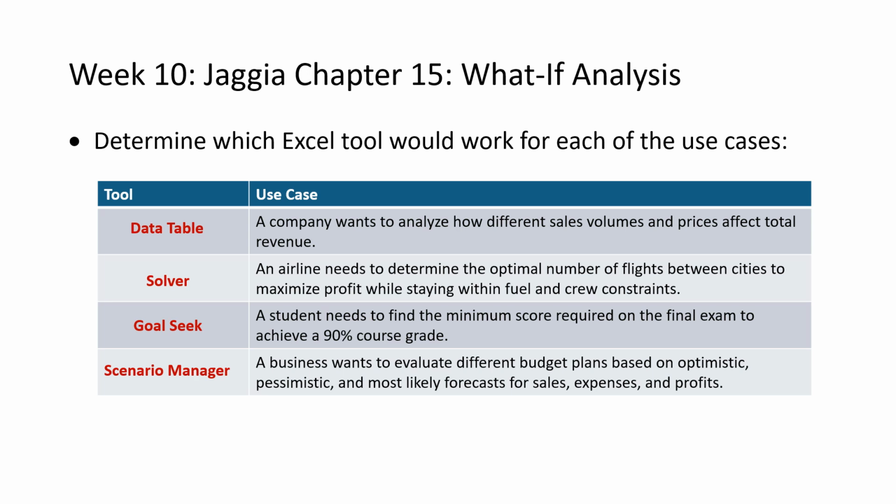That would make sense to use something like Scenario Manager or Solver because they have a similar structure in the sense that I can create multiple scenarios and have the tool calculate them together. GoalSeek would not work in this case because we're trying to compare numerous budget plans. You could use GoalSeek, but you would have to do it over and over and over, rather than just letting the tool calculate all of them together.